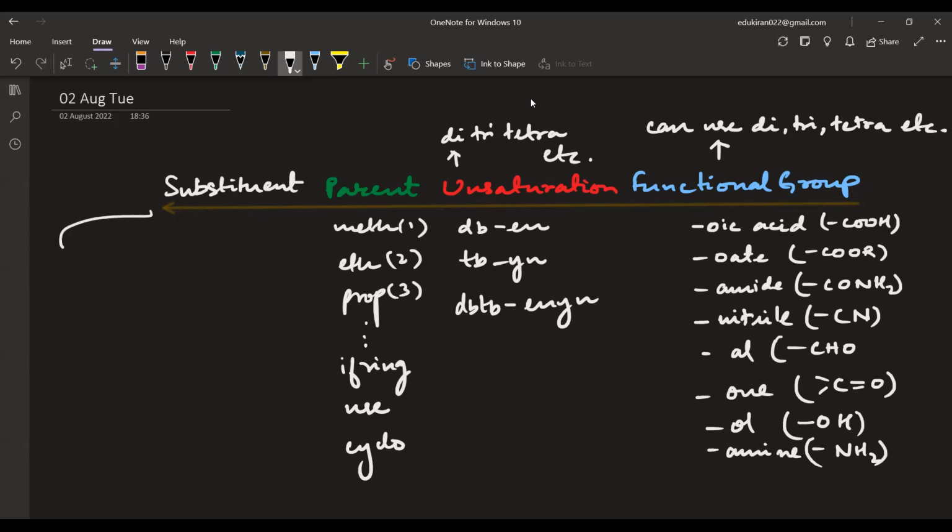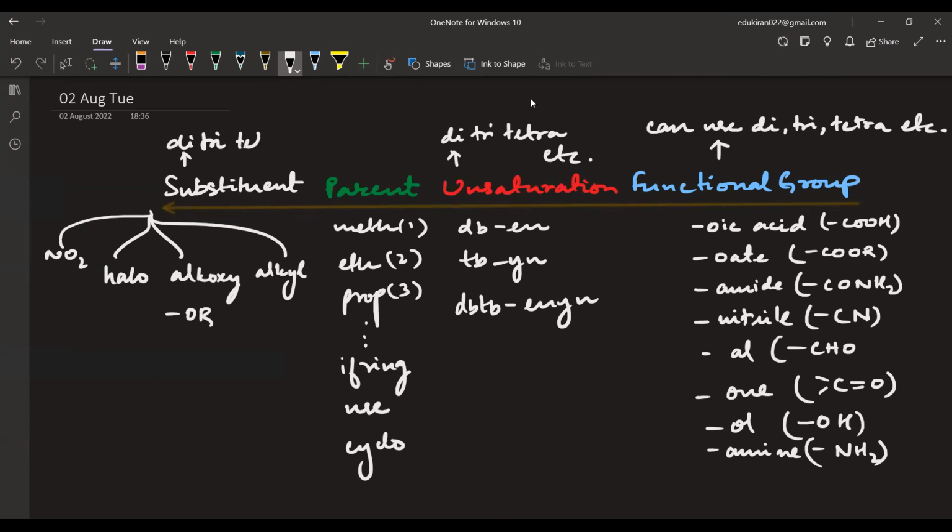We can have nitro, we can have halo, we can have alkoxy. What is alkoxy? If you have OR, you'll be using alkoxy, okay? And alkyl group you will remember. And here also we can use di, tri, tetra, etc.